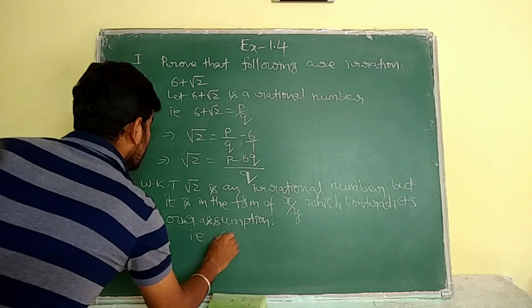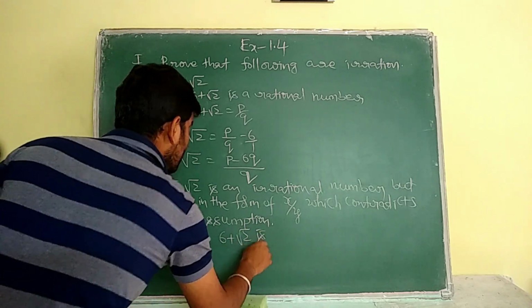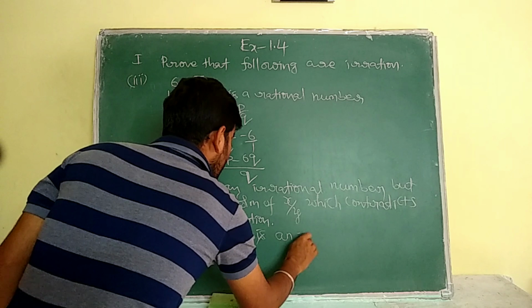That is, 6 plus root 2 is an irrational number.